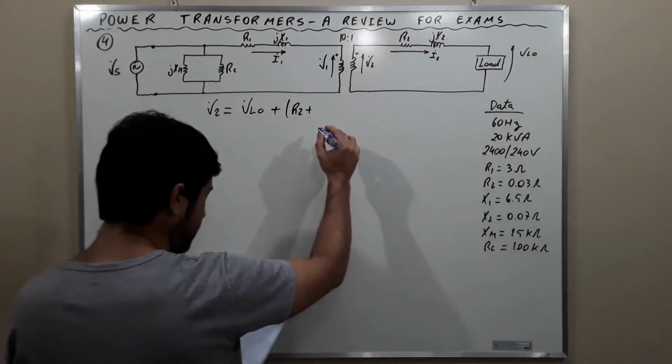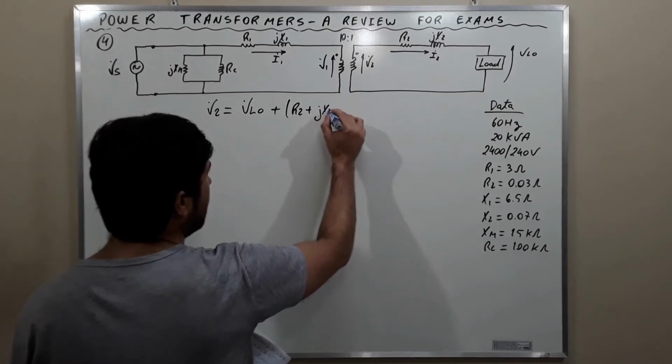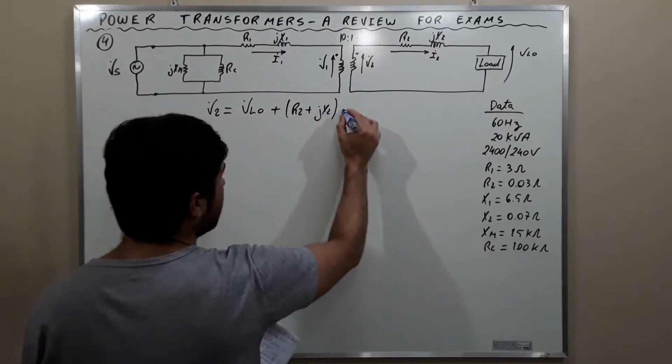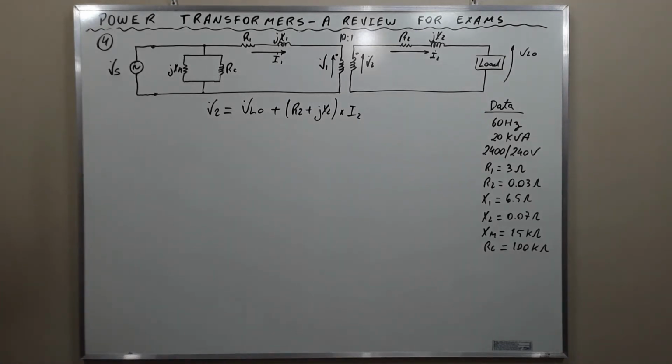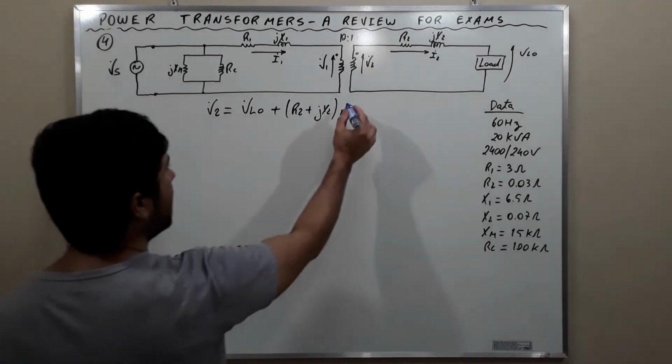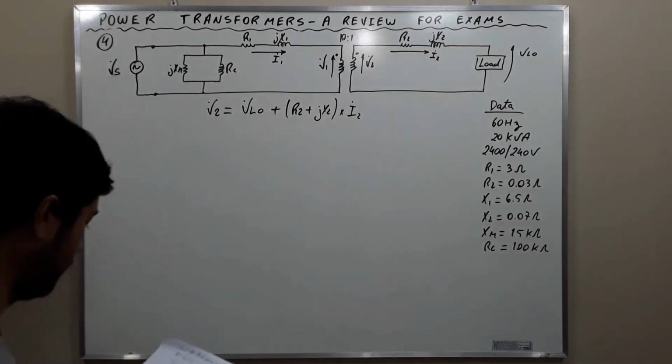R2 plus jX2 times I2. Alright, this is how we calculate V2.